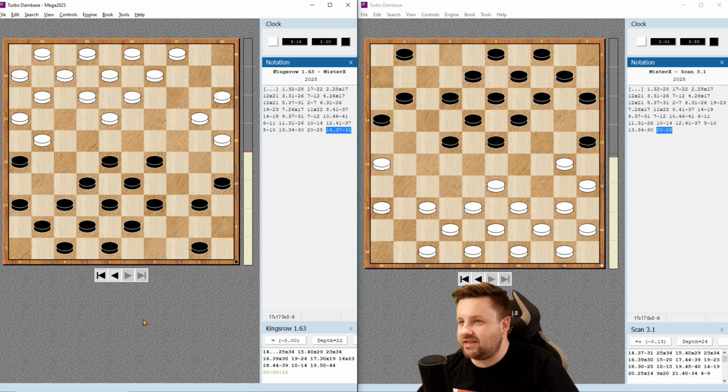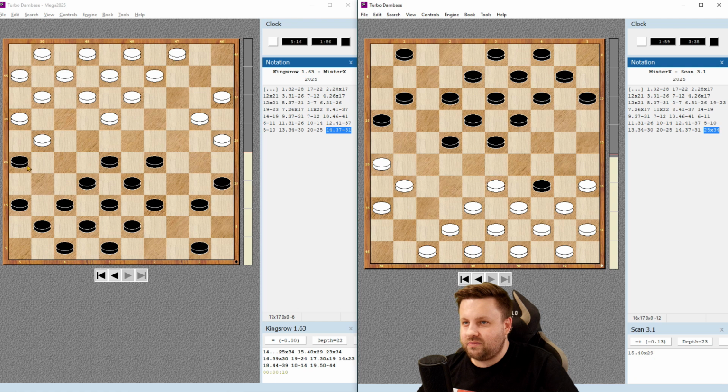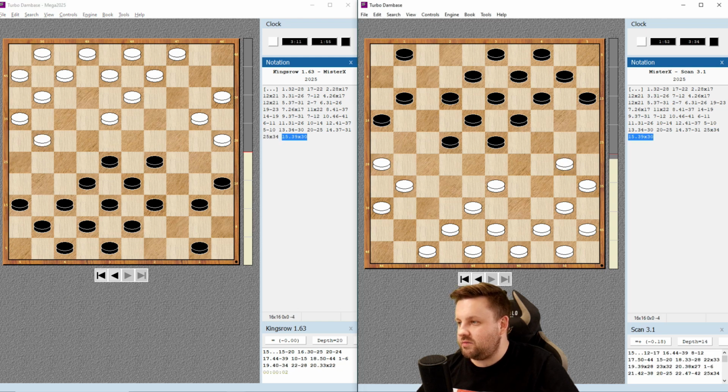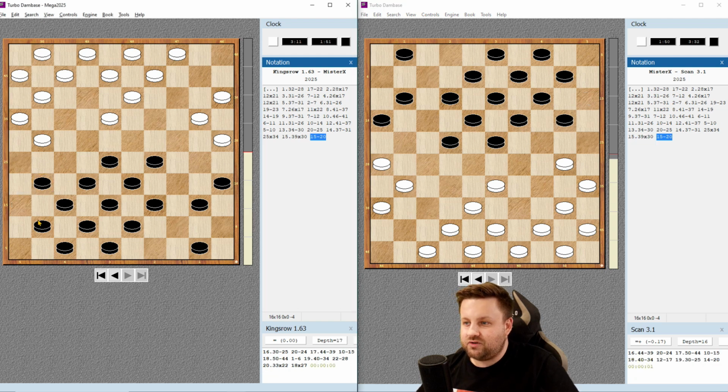Once again, I missed the move, 37-31. I just don't see this kind of moves, and I hope one day we will get to have a very good AI in the drafts, checkers world, because it can totally change the game as we know it, and who knows what the future brings. So okay, 16 against 16 pieces at this moment.